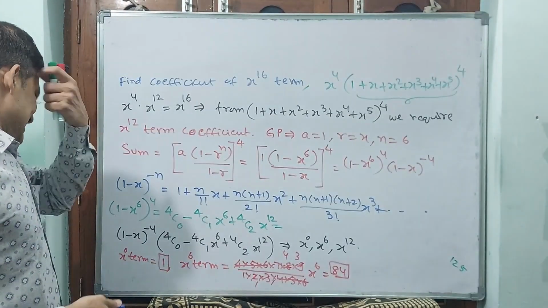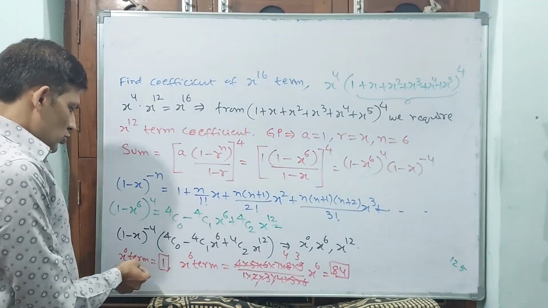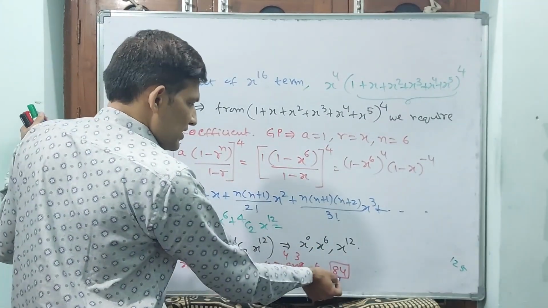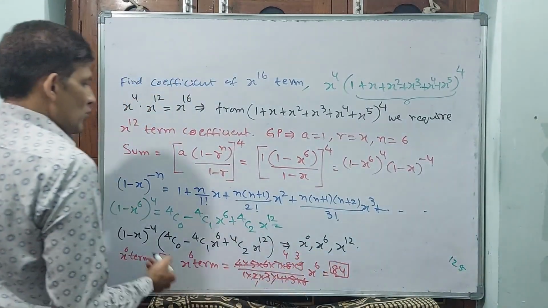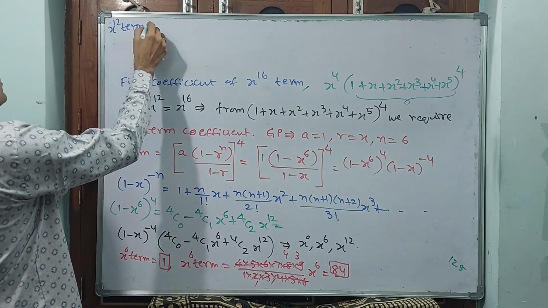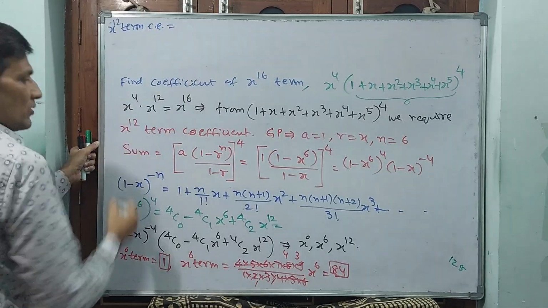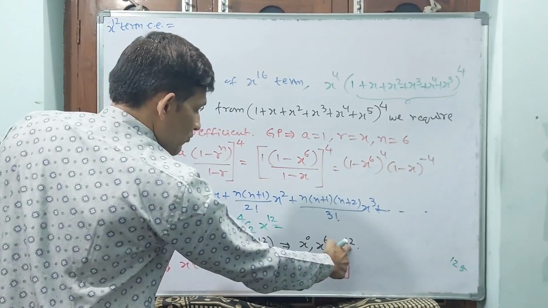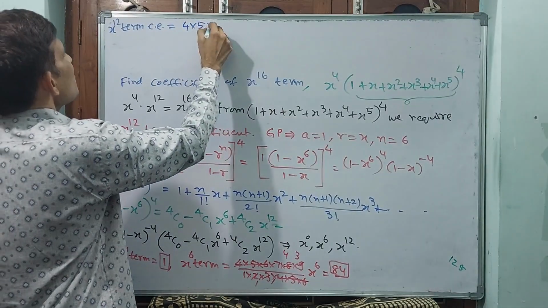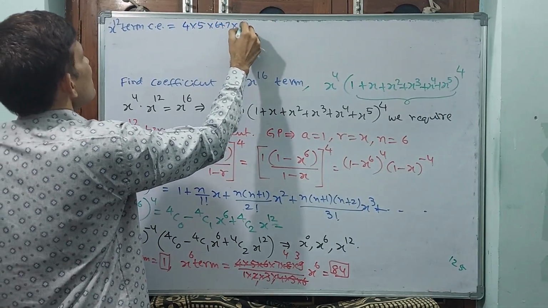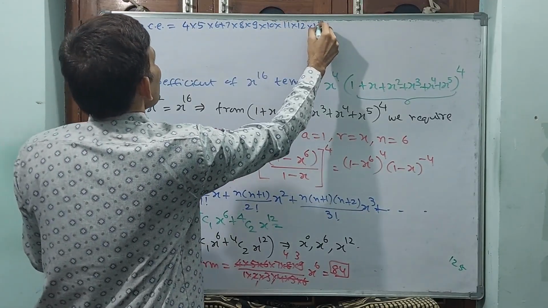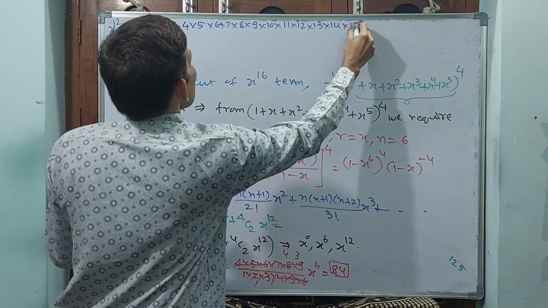Okay, now see, the x to the power of 0 term coefficient is 1, the x to the power of 6 term coefficient is 84. The x to the power of 12 term coefficient you have to find. The x to the power of 12 term coefficient is equal to, see, power 12 means 12 times you have to multiply: 4 into 5 into 6 into 7 into 8 into 9 into 10 into 11 into 12 into 13 into 14 into 15.